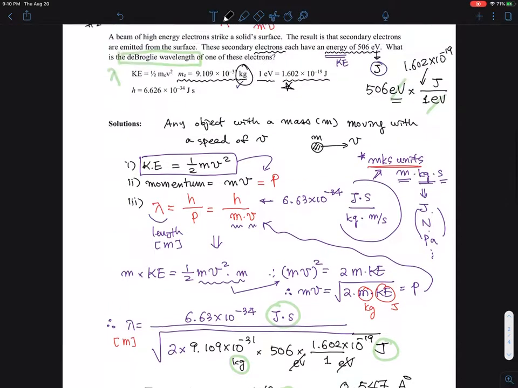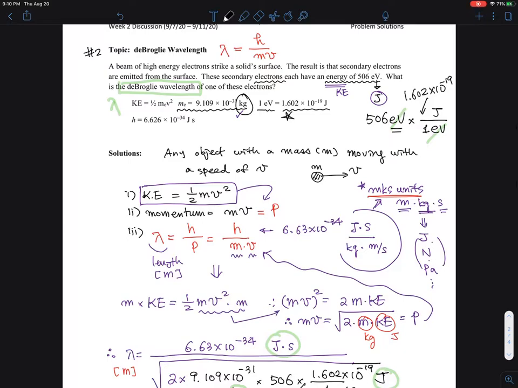Once again, this is a question regarding the following statement: we have an electron moving with a kinetic energy shown in electron volts, and that energy can be converted into joules.